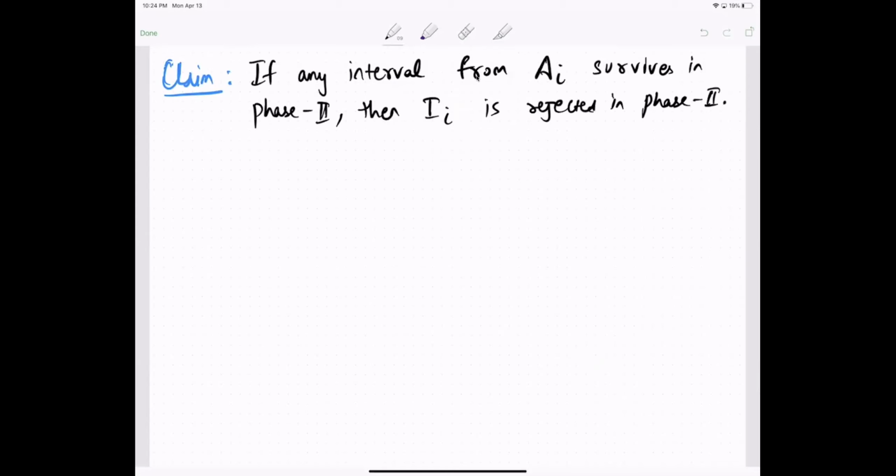Okay. Given this, we need some more notation here.